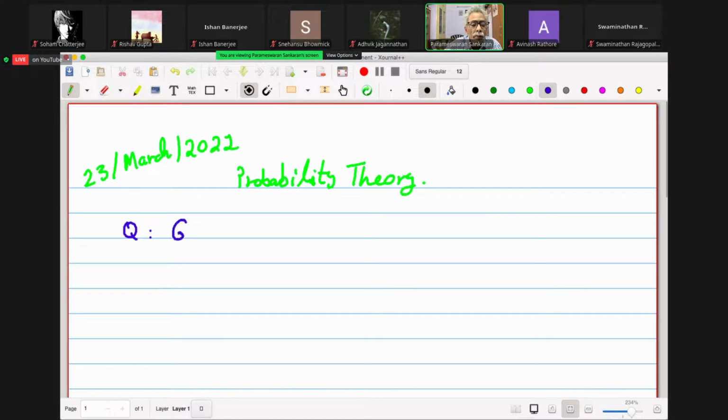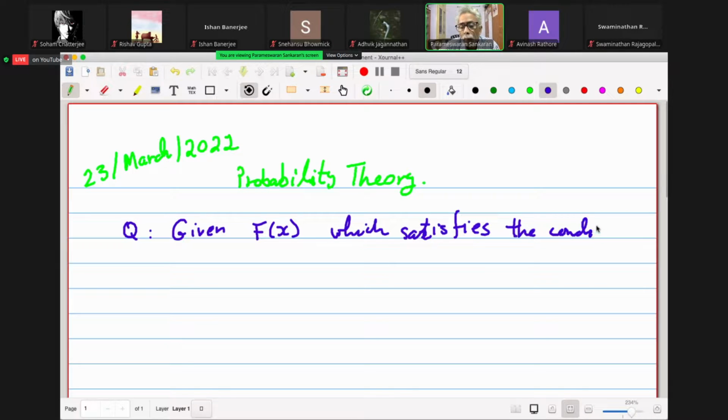So given f of x, which satisfies the condition for it to be a distribution function.